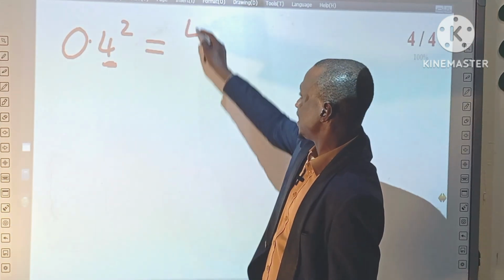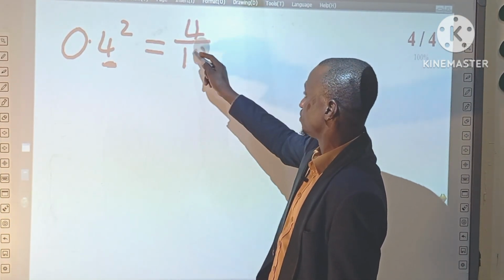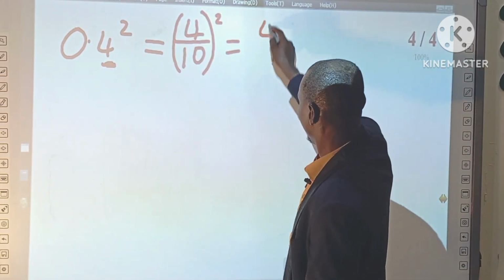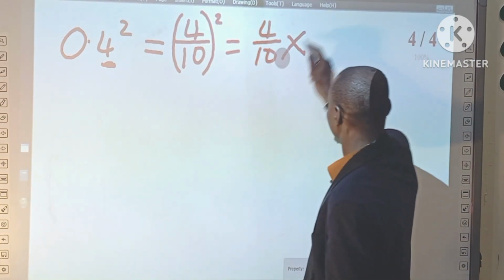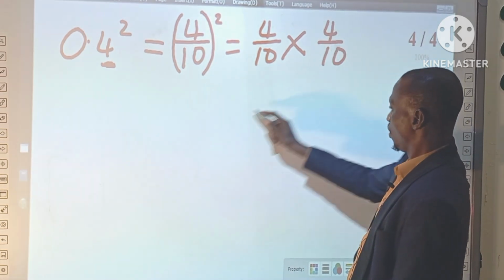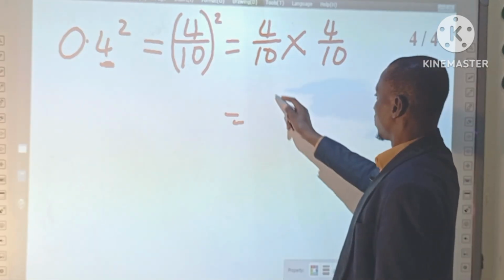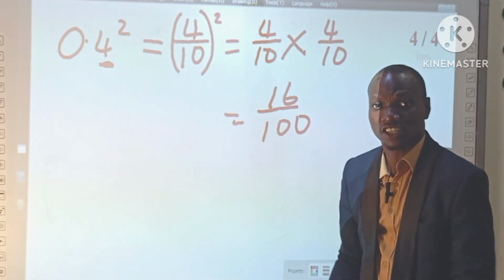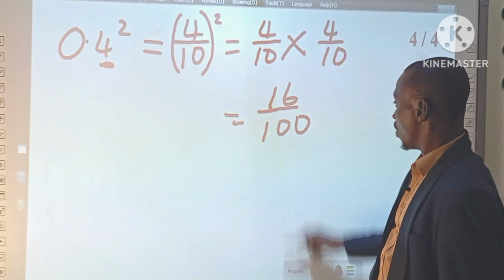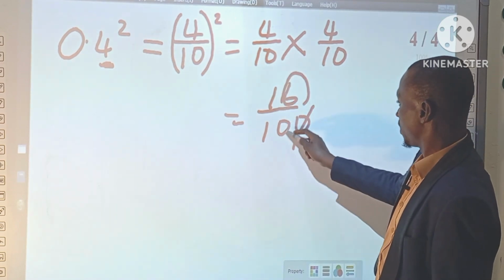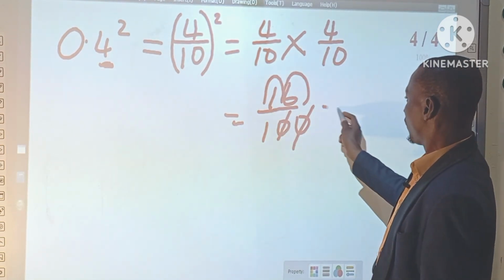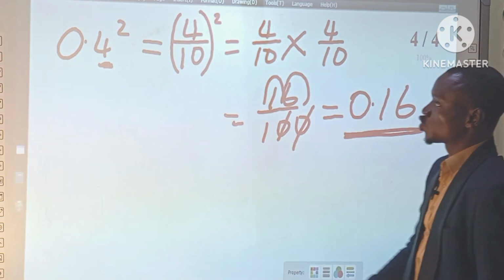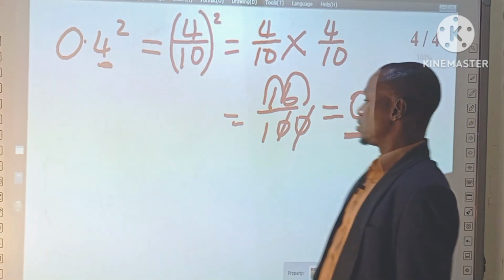So this decimal figure will become 4 over 10 squared, which is the same thing as 4 over 10 times 4 over 10, which will give us 4 times 4, 16 over 100. Now, whenever you've gotten it like this, you convert it back to a decimal figure. This zero moves the decimal point from here to here. This other zero moves it from here to here. Our final answer becomes 0.16.